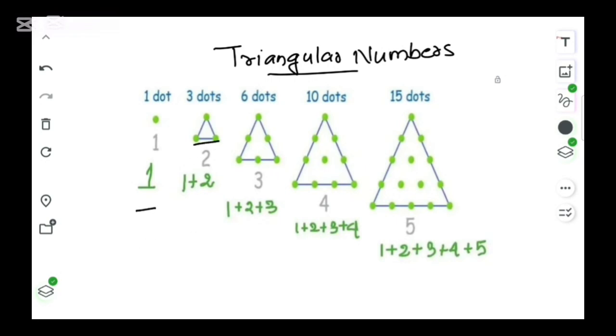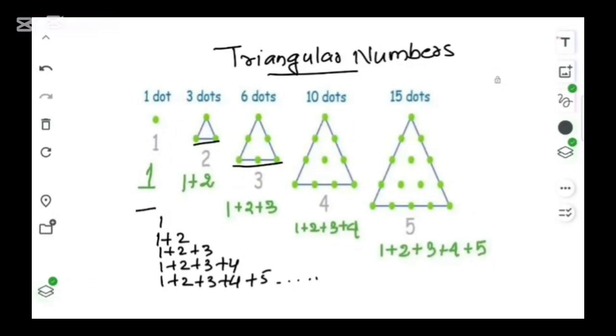In the third picture a row with 3 dots is added to the second picture and so on. So the pattern is 1, 1 plus 2, 1 plus 2 plus 3, 1 plus 2 plus 3 plus 4, 1 plus 2 plus 3 plus 4 plus 5 and so on.